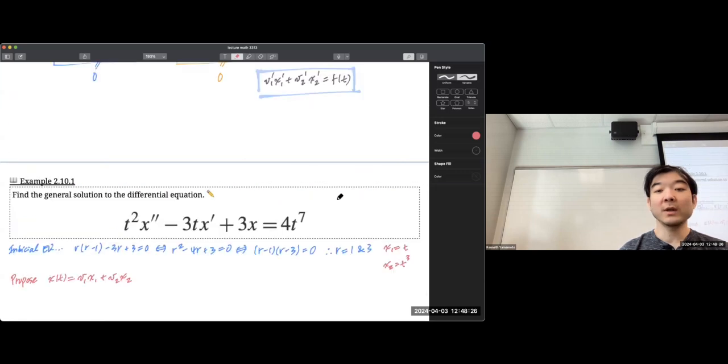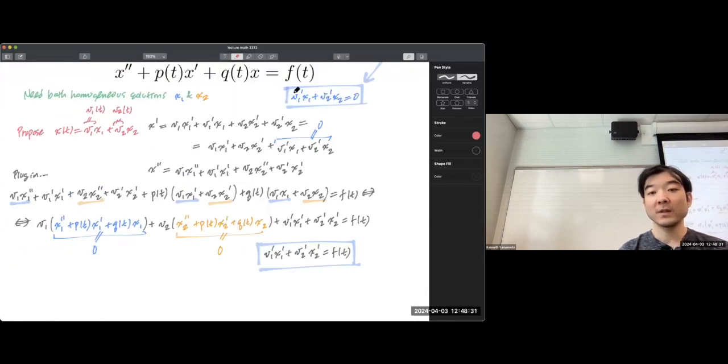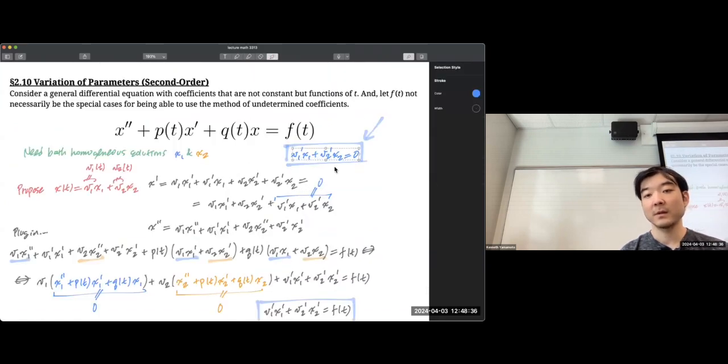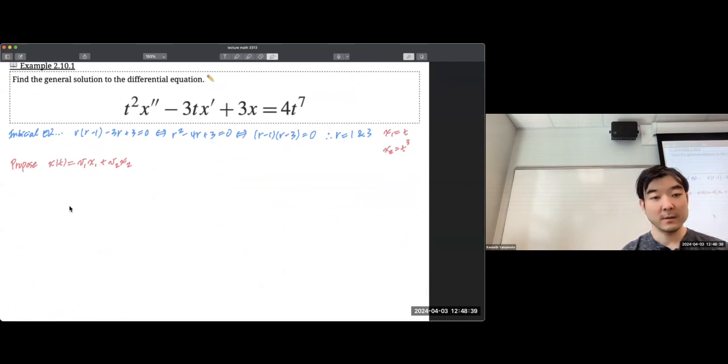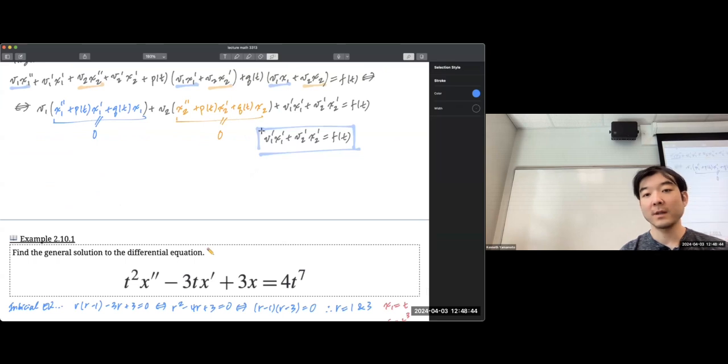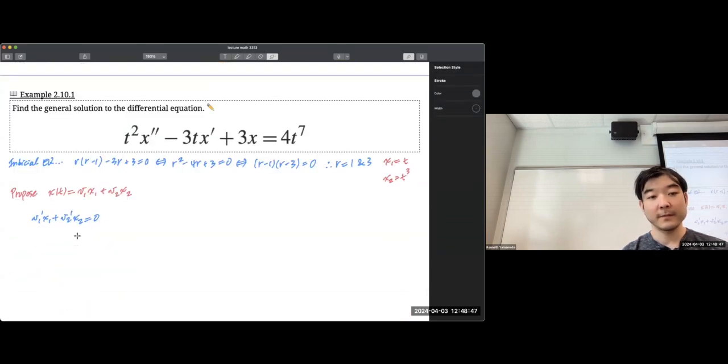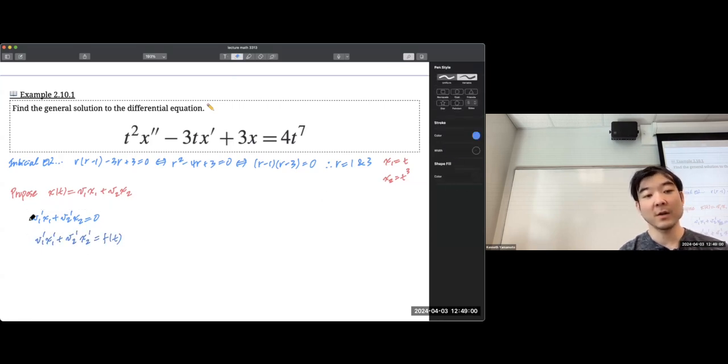And so what were the two equations that we needed to satisfy? One of them was this, and the other one was this. I'll just make them both blue and say this is the system of algebraic equations if you think of your unknowns as being v1 prime and v2 prime.